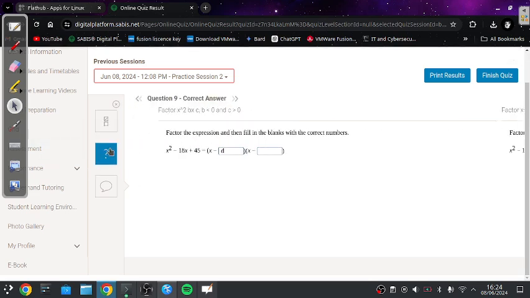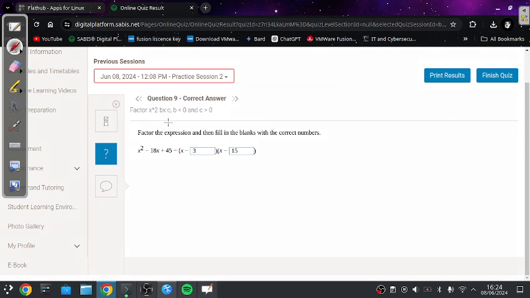Question 9. X squared minus 18x plus 45. So what you can do here is the same exact thing. So you have x and x.